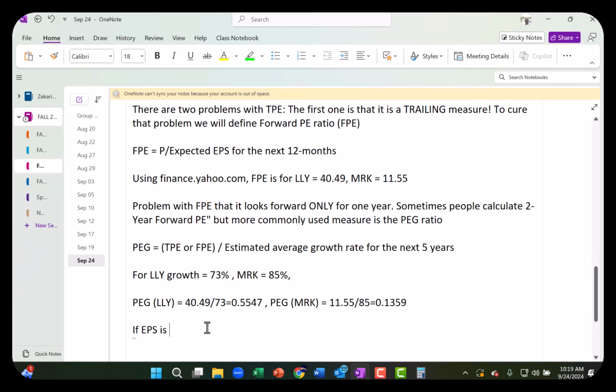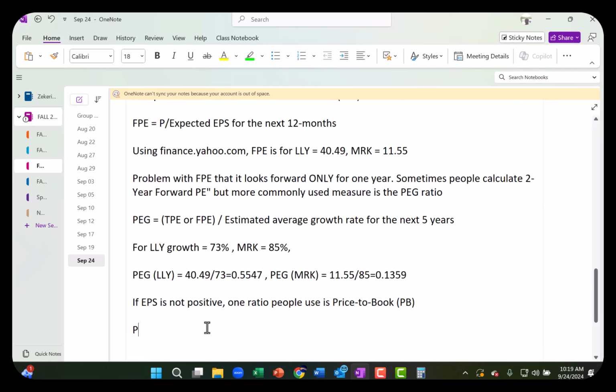If EPS is not positive, one ratio people use is price to book ratio, where PB is price divided by book value per share, or P over BPS.